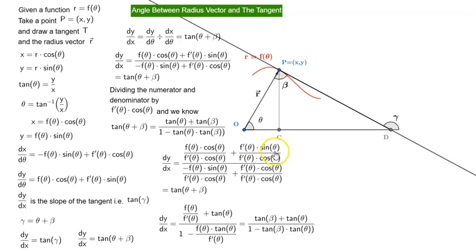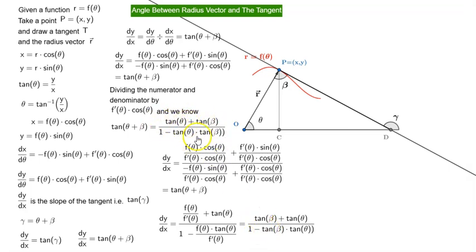Sin theta by cos theta is tan theta. Here we are starting with a negative term, so let's rearrange this so that we get f prime theta cos theta divided by f prime theta cos theta. Both get cancelled. We are left with 1 minus f theta by f prime theta times tan theta. This is equal to tan of theta plus beta.